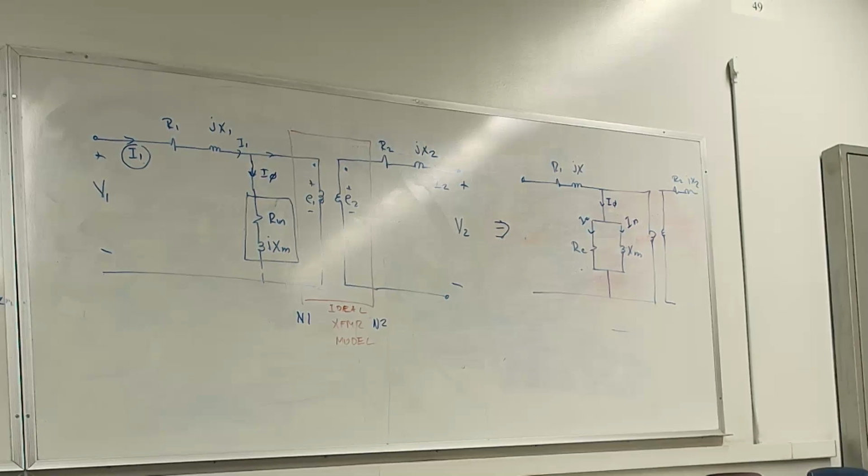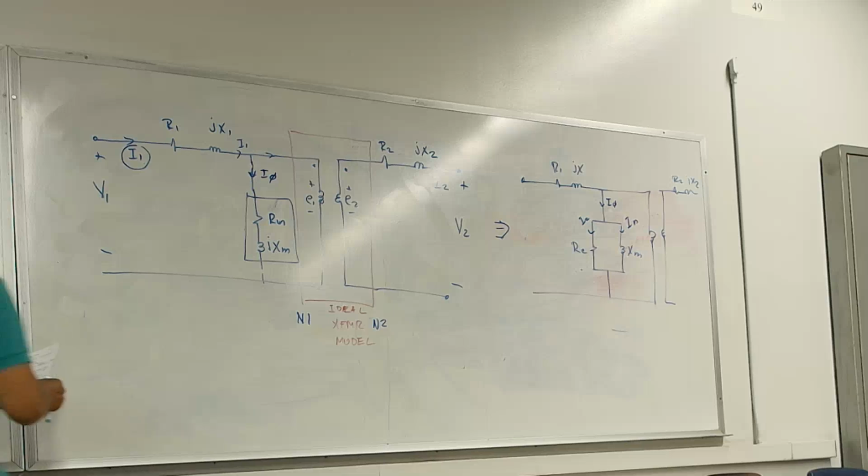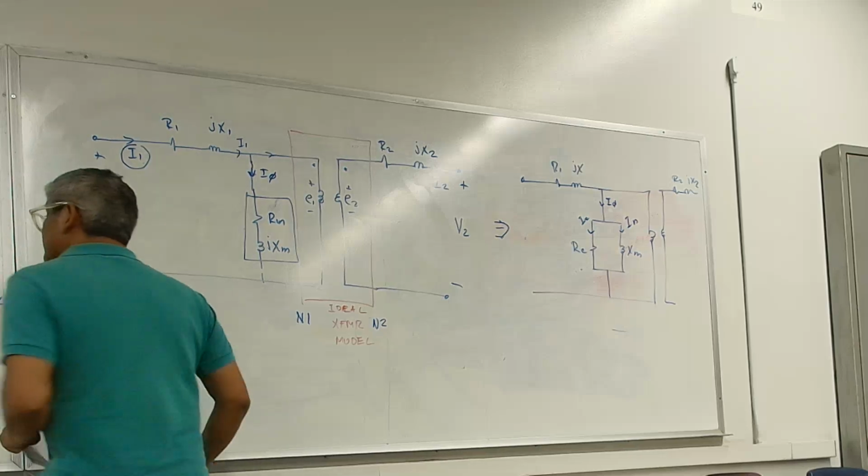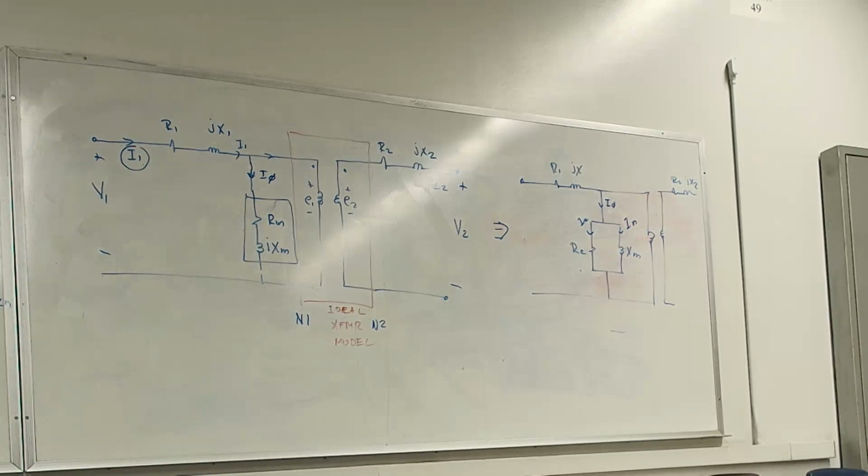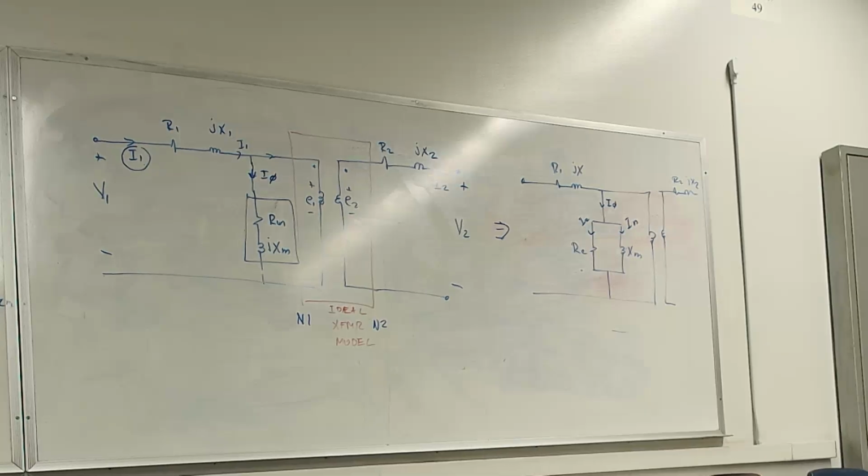Similarly to an ideal transformer, sometimes we're asked to draw an equivalent circuit as seen from the transformer primary and transformer secondary.